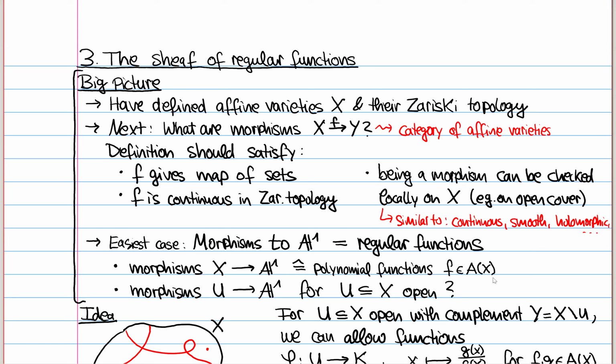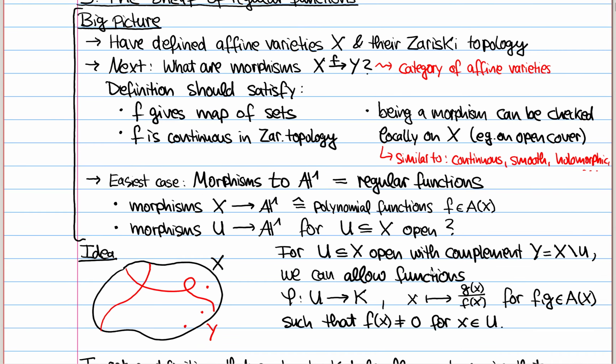But the twist that this chapter is about is that we also want to have morphisms on these open subsets of an affine variety, because, for example, we want to be able to check that something is a morphism on this open cover. So we need to understand what these morphisms are.